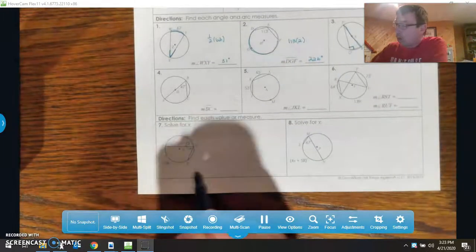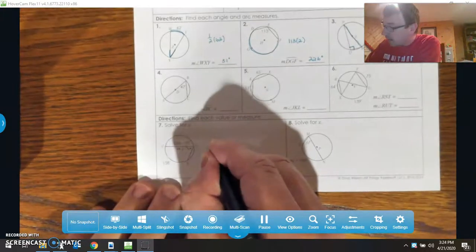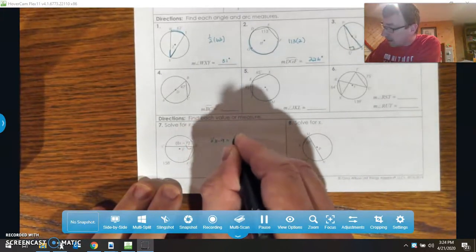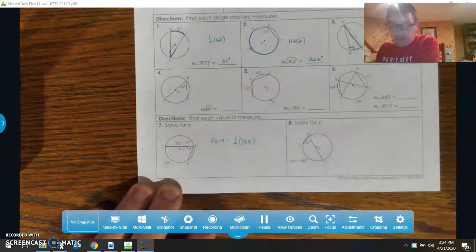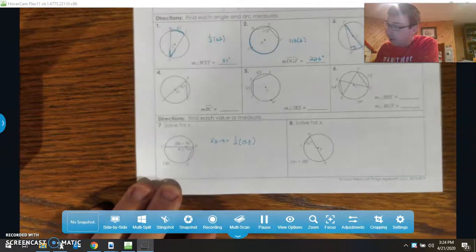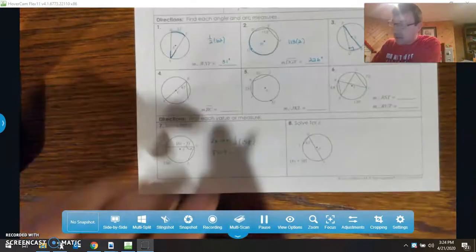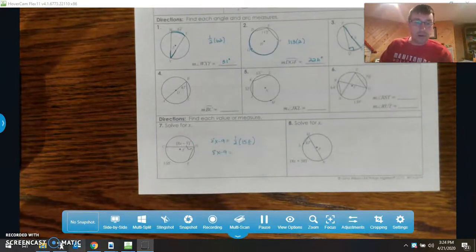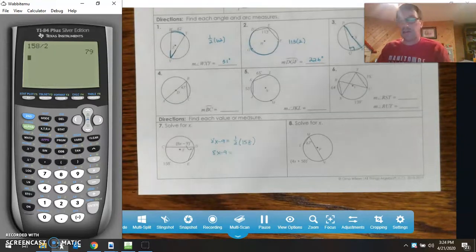Now, we know the angle is half the intercepted arc. So 8x minus 9 is going to be 1/2 of 158. Okay, half of 158, if we go to our calculator, is going to be 79 degrees.